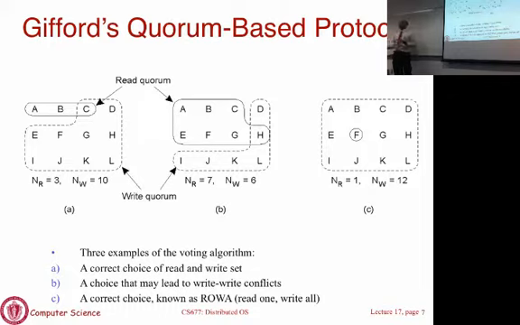Every write increments the version number of the file. So the question is: is there any way for this protocol to query 3 nodes at random in the read quorum and have these 3 nodes agree on an outdated version of the file? If so, then you will sometimes return an outdated version. If there's no way to do that, then you will always return the right version of the file, the most recent version.